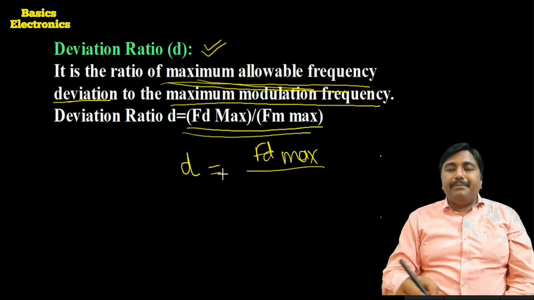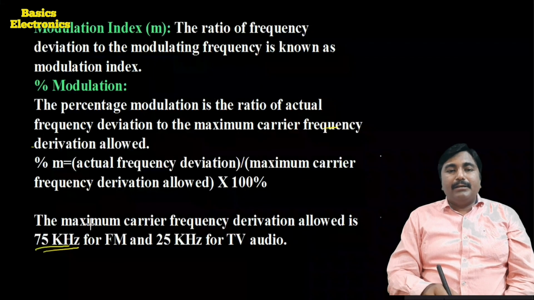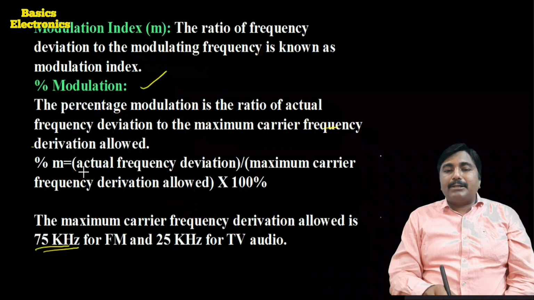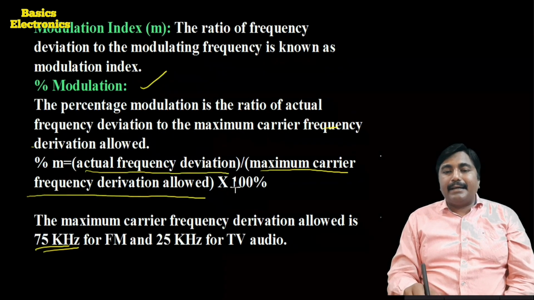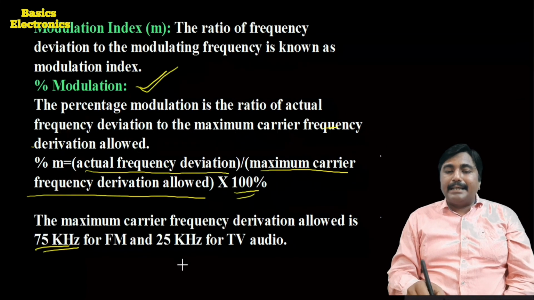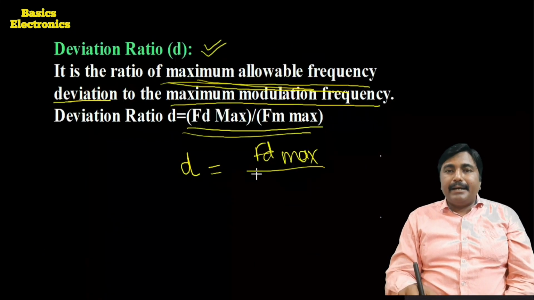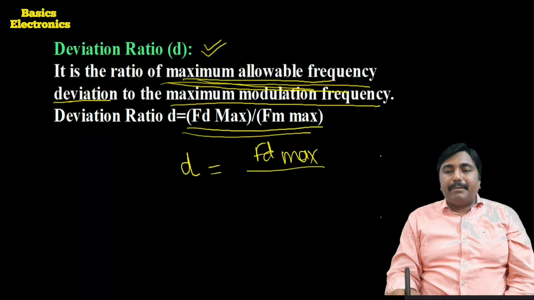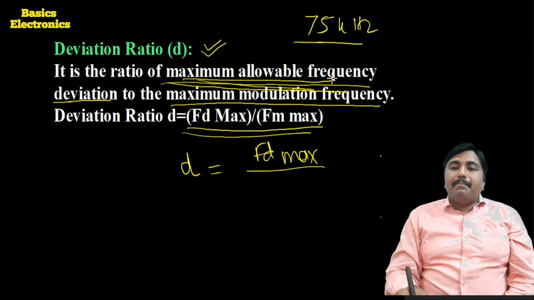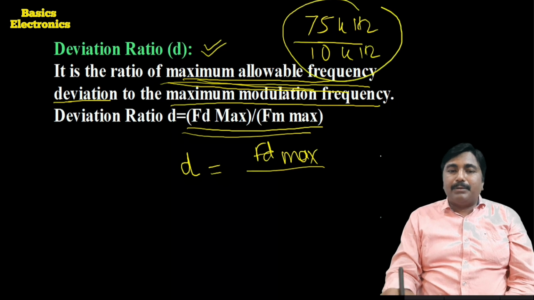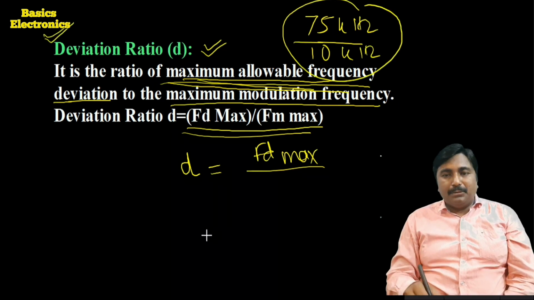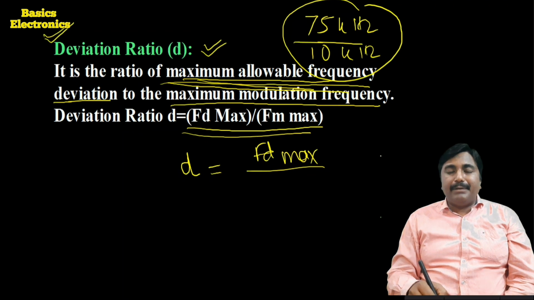In the previous definition, the percentage modulation, it was the actual frequency deviation to the maximum carrier frequency deviation allowed. Here, suppose the maximum allowable frequency deviation is 75 kilohertz and the maximum modulating signal frequency is 10 kilohertz. Then this ratio is what we call the deviation ratio.